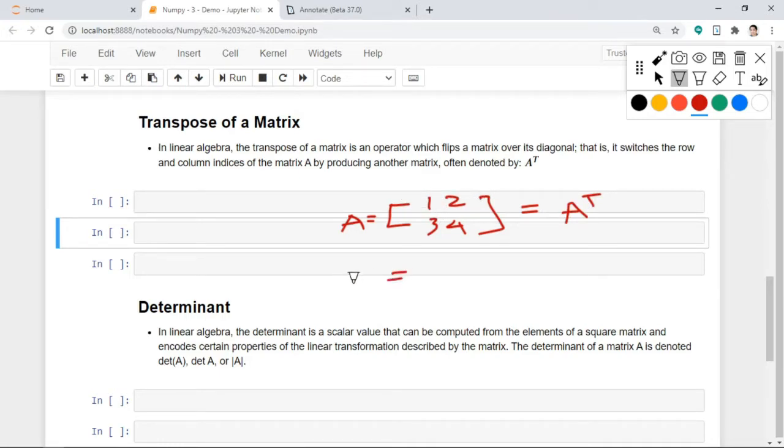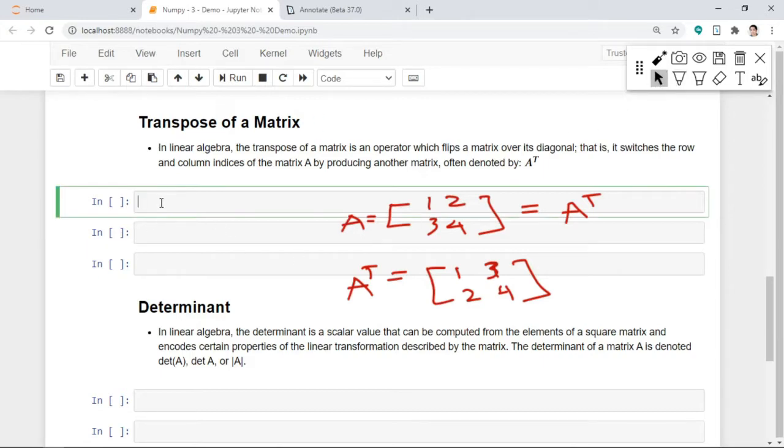So the result, A to the T, you have 1, 2, and then you have 3, 4. This is the transpose of a matrix. We will not spend much time here because this concept is self-explanatory.